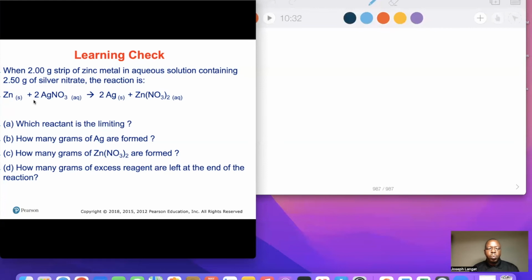The numbers 1, 2, 2, 1 here are the coefficients in the balanced equation, and the mole ratio in that equation is 1 to 2 to 2 to 1. Note that I don't use an arrow when writing these.